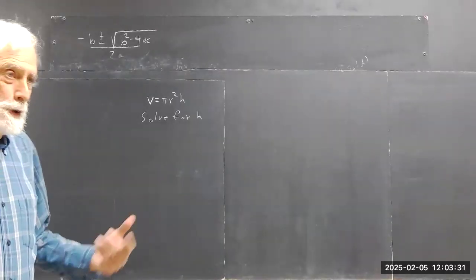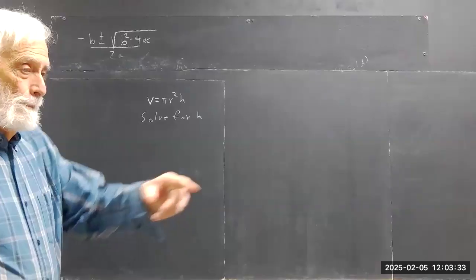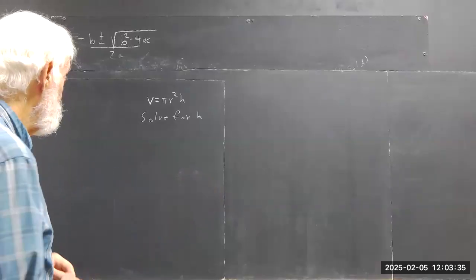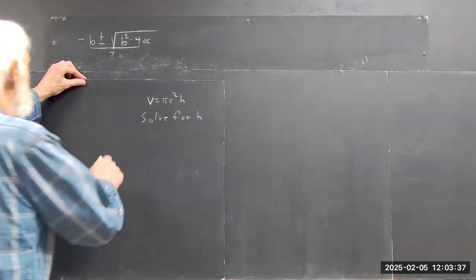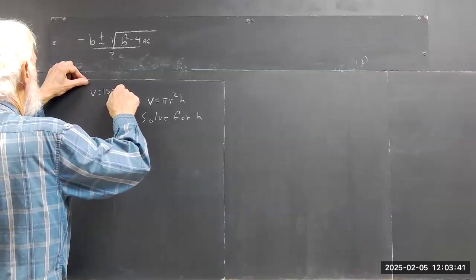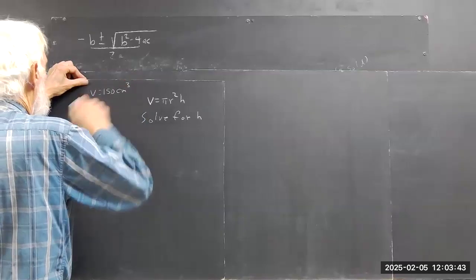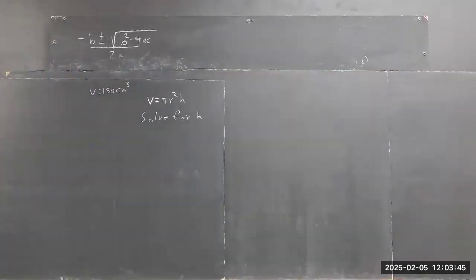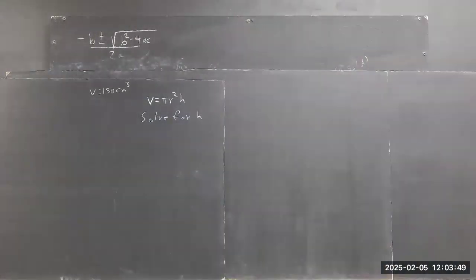Okay, now what I determined was that the volume of that thing was 150 cubic centimeters, because a cubic centimeter of water has a mass very close to 1 gram.